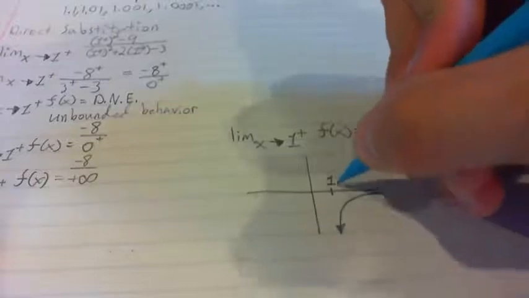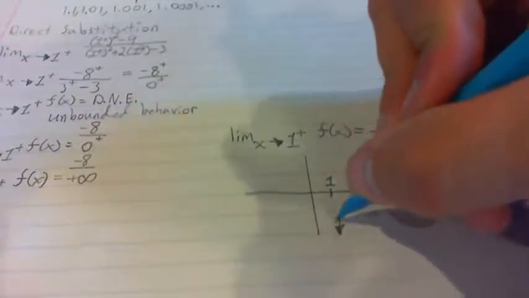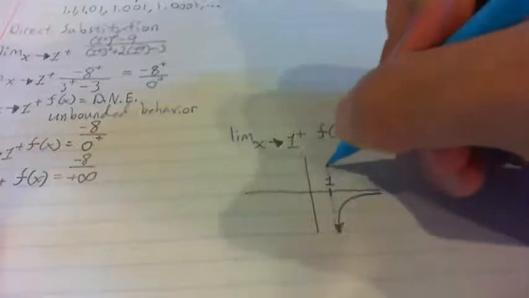Something essentially like that. Some sort of asymptote here for it to do that. And we could solve that algebraically if we would like to and simplify the polynomials in the original function.